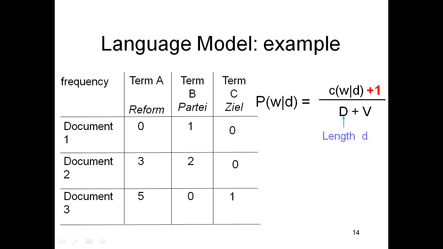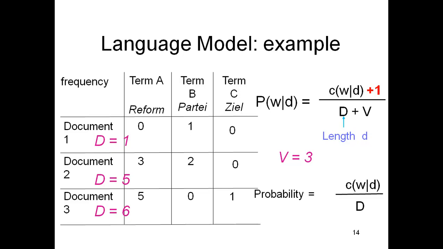We smooth, and the smoothing leads to a situation where we don't have zero values. Even in TF-IDF we would end up with zero values for words that don't occur in the document. And here we would have a vocabulary size of 3. We have different document lengths, just the sum of the words that appear here. Document 3 is the longest, has 6 words.